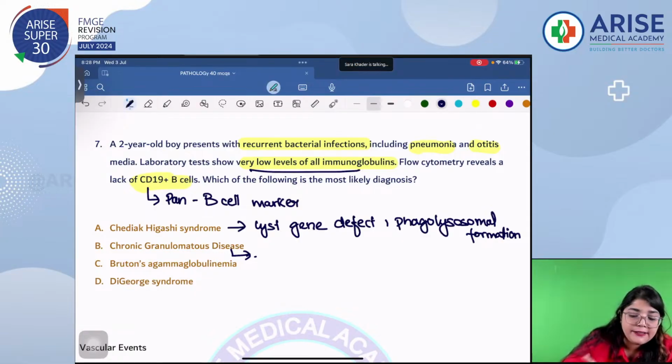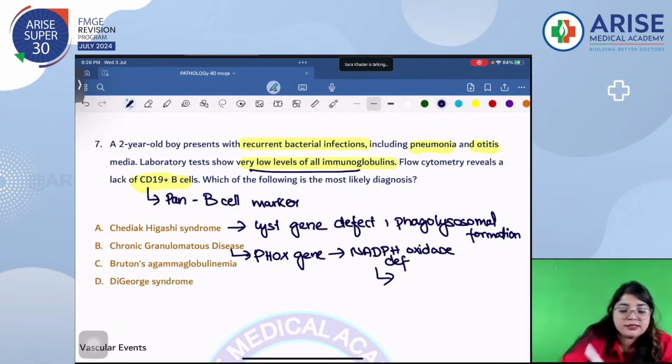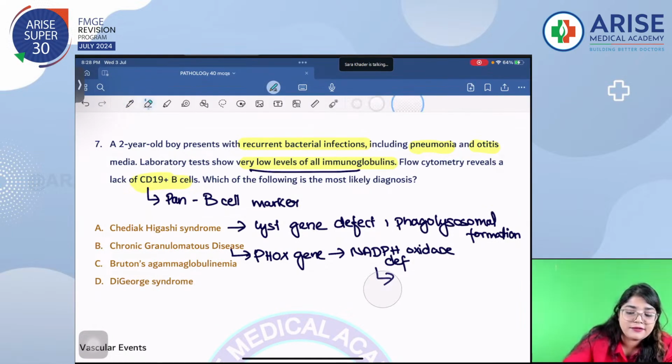What about chronic granulomatous disease? CGD is a defect in the CYBB gene. If this gene is defective, NADPH oxidase deficiency is seen, and oxygen-dependent killing is affected.